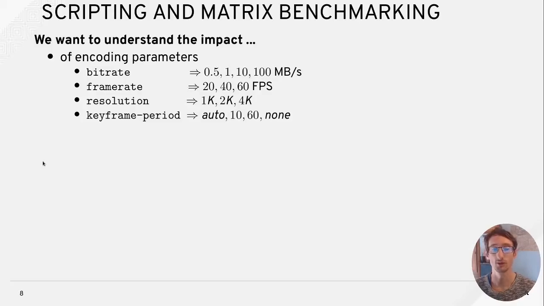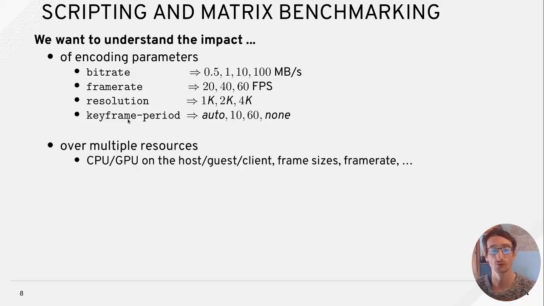The encoding parameters we want to study are, for instance, the bit rate, how much data should be transmitted over the network, the frame rate, how many frames each second, the resolution of the screen, and maybe the keyframe period, how many full frames should be transmitted every 1 second.